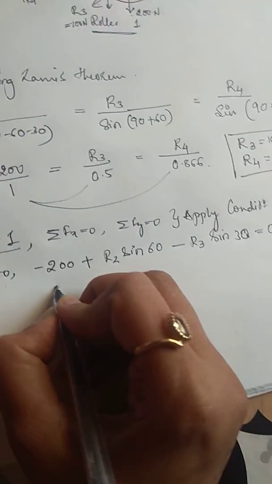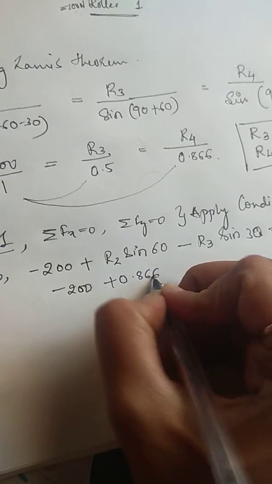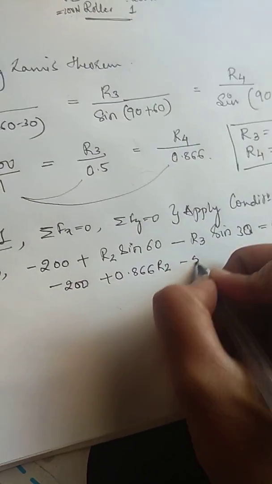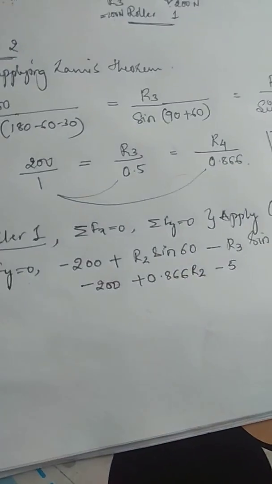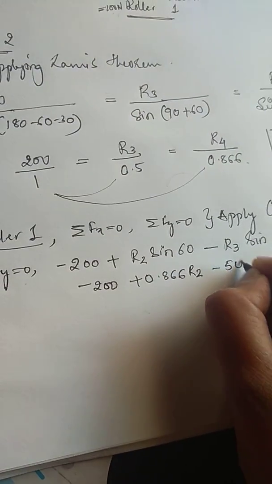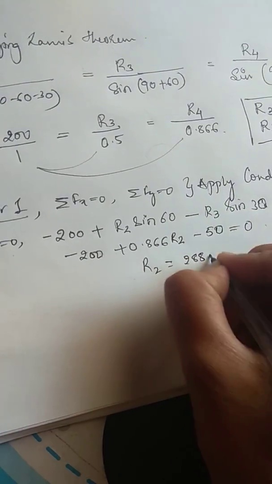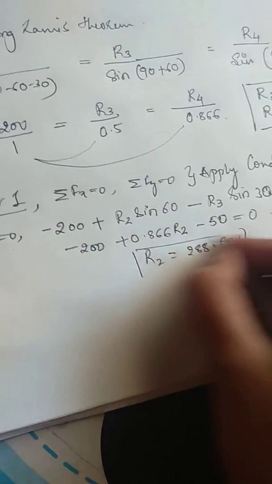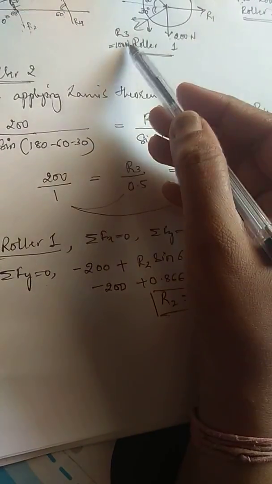So this equation reduces to minus 200 plus 0.866 times R2 minus, I know the value of R3, I will substitute the value of R3 into sine of 30, that gives me minus 50, equal to 0. So I get the value of R2 as 288.68 newtons because only R2 was unknown. R3 value is known, so we get the value of the unknown R2.